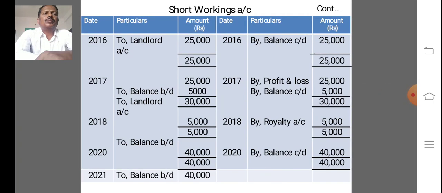Next, in 2016, we prepare Royal short workings account.